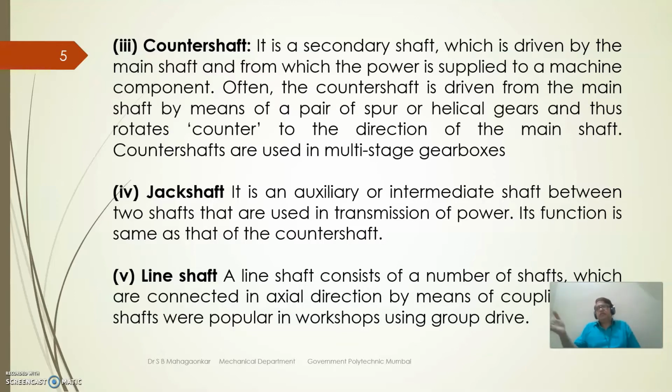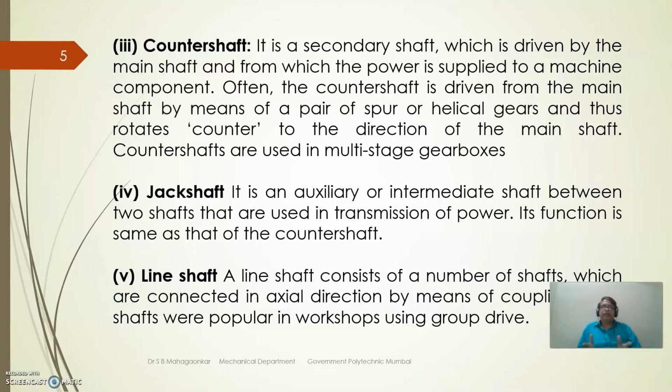Because of transportation, I can get only about 7 meters. In special cases, you can manufacture them according to need. But generally the commercial shafts available in the market are of around 7 meters. So if one is connected with another one in a coaxial way, that is called line shafting.